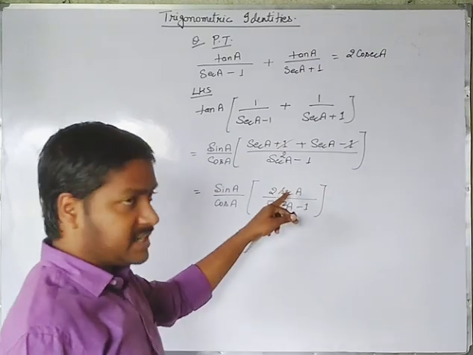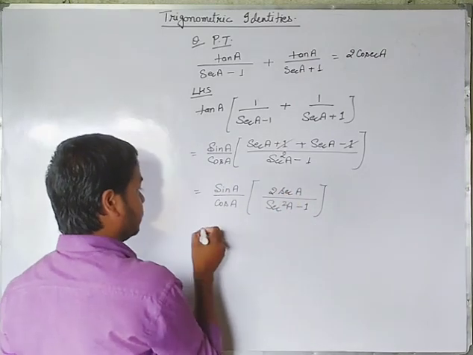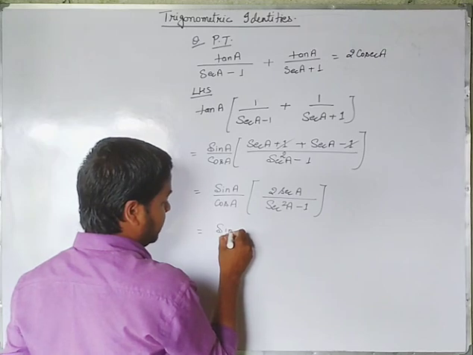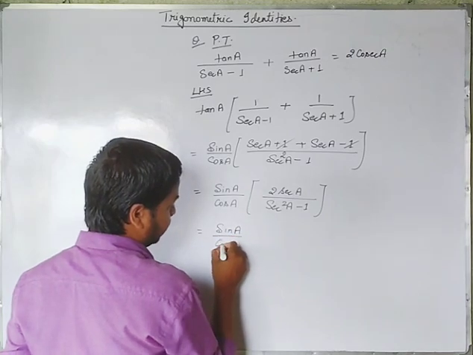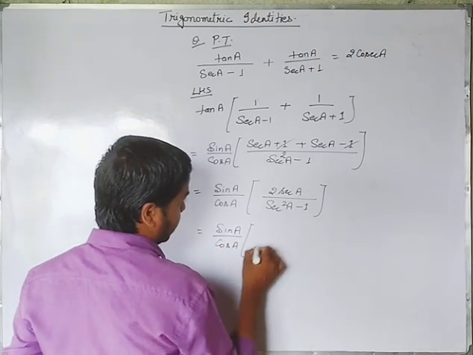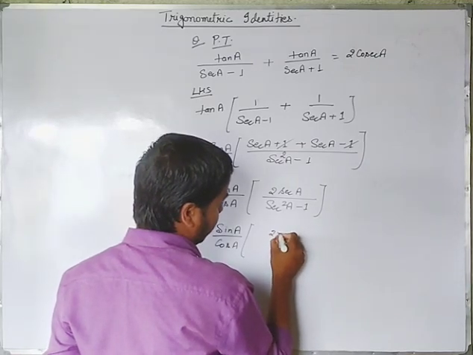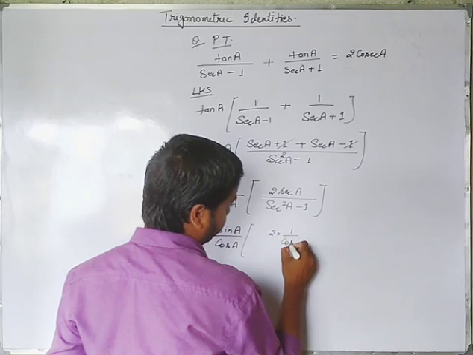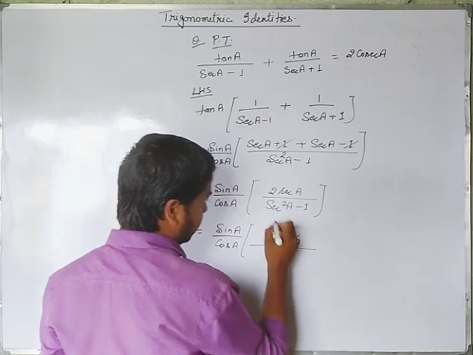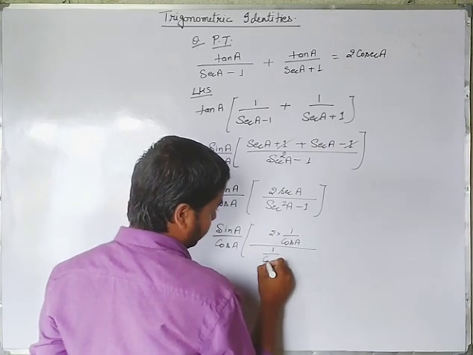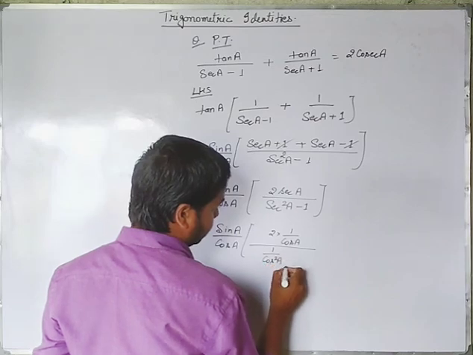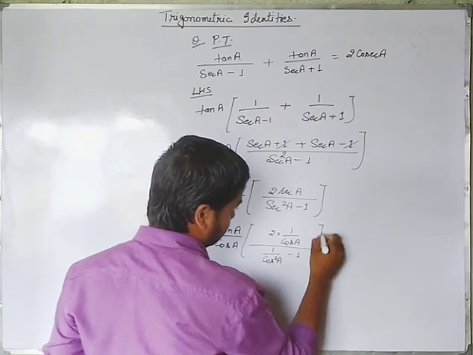Now just change this one also into sin or cos. Here it will be sin A by cos A, and sec A can be written in the form of cos, so 2 into 1 by cos A divided by 1 by cos square A minus 1.